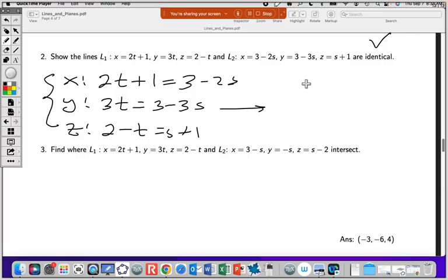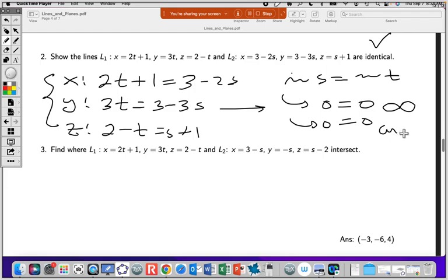And you would end up getting one equation, something s equals something t. And then when you plug that in, you would get two equations that were identities. We did one like this yesterday. I transposed something and we had to go back and fix it. In other words, you would get infinitely many answers. That's how you know that they're identical.